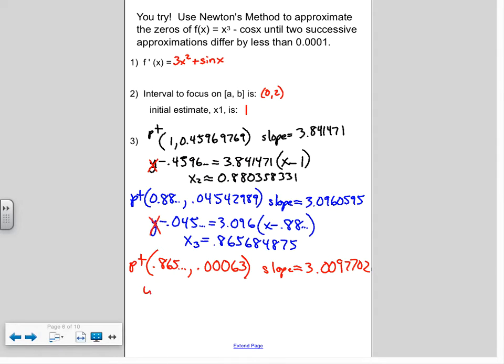Writing our equation, y minus 0.00063 equals the slope times x minus the 0.865 value.